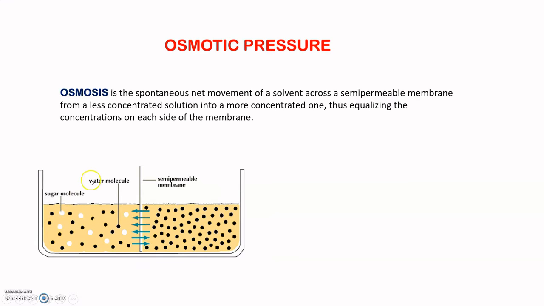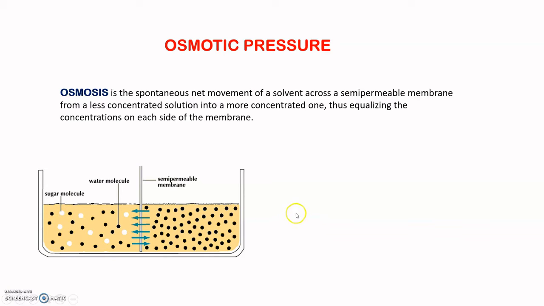Now let us see here. Here you have a sugar solution on the left side of the picture. You have a container separated by a semi-permeable membrane, and on the left side you have sugar solution. Right side you have a solvent. When you're separating these 2 solutions of different concentrations by a semi-permeable membrane, you can see solvent molecules pass through the membrane and enter the sugar solution compartment.